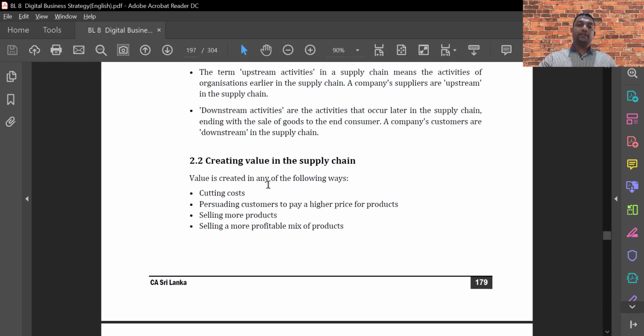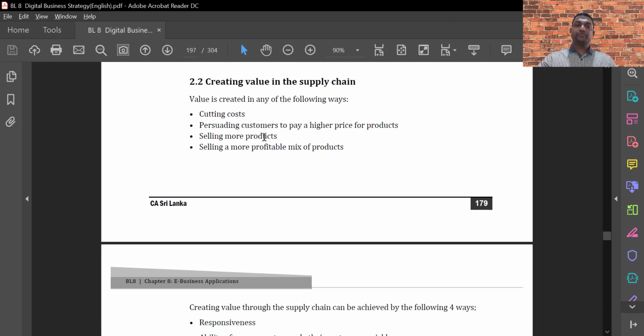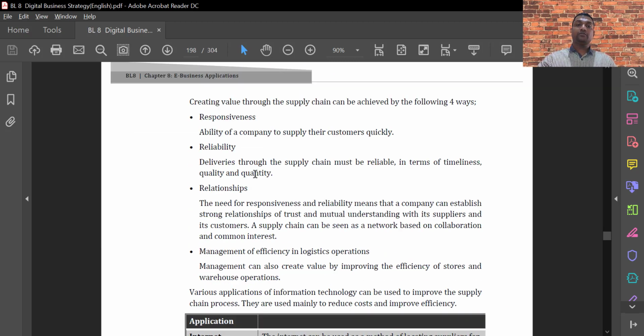Value in the supply chain can be created in the following ways: cutting costs, persuading customers to pay a higher price for products, selling more products, and selling a more profitable mix of products. Creating value through the supply chain can be achieved by the four ways given below.